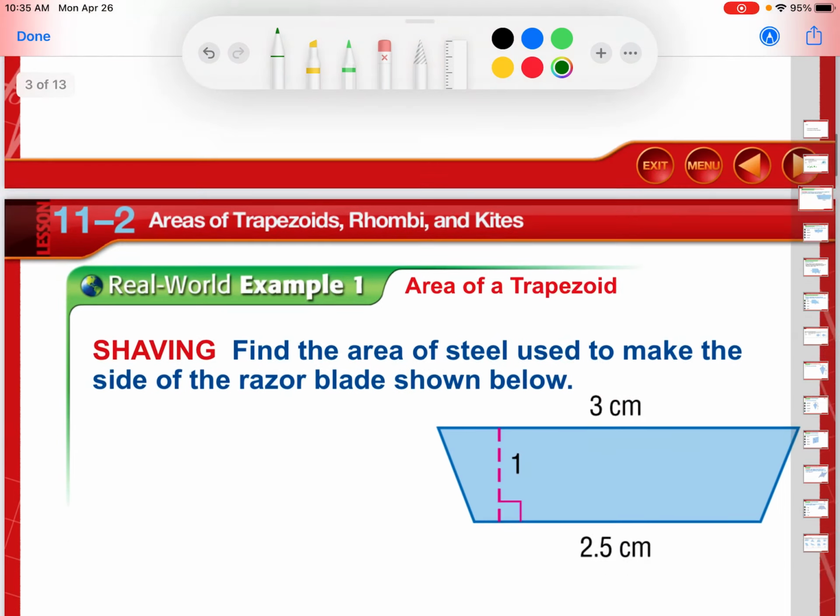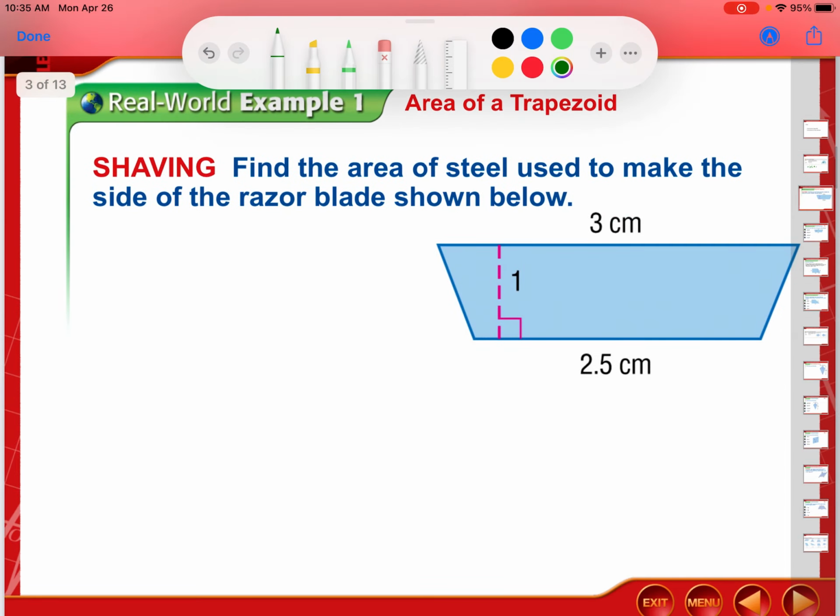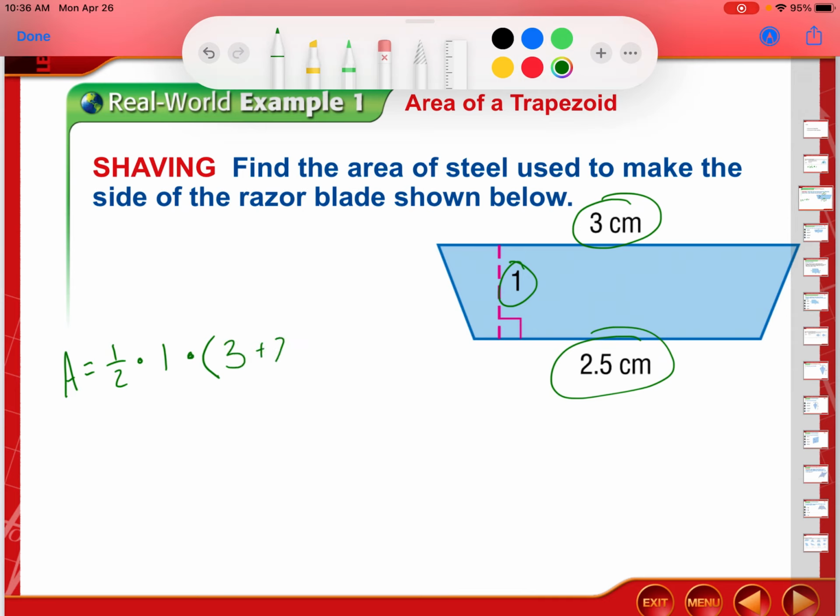So what this looks like in practice, here we have our height of 1. Base 1 is 3 centimeters, base 2 is 2.5 centimeters. So our formula would be area equals 1/2 times height, which is 1, times the sum of the two bases, which would be 3 plus 2.5, or 5.5.